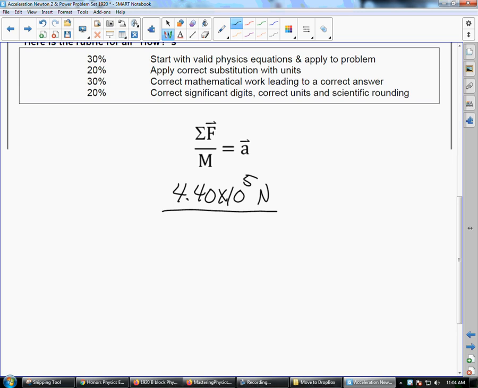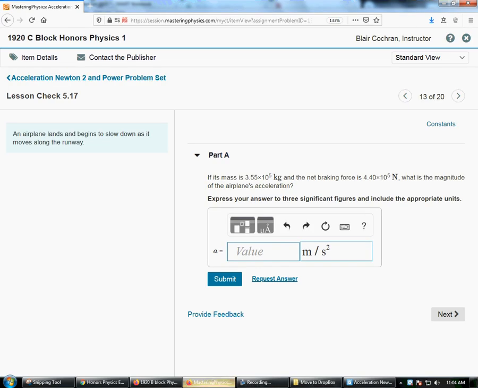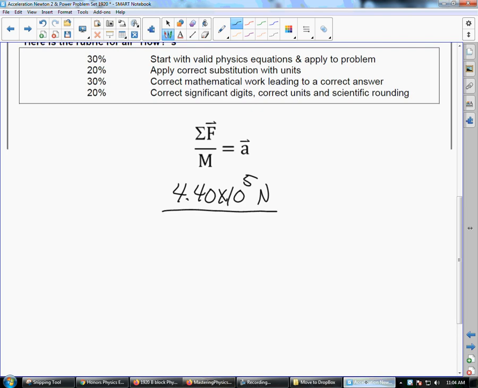Told me my mass was, was it 3.55 times 10 to the 5th kilograms. And that's going to lead to my acceleration.